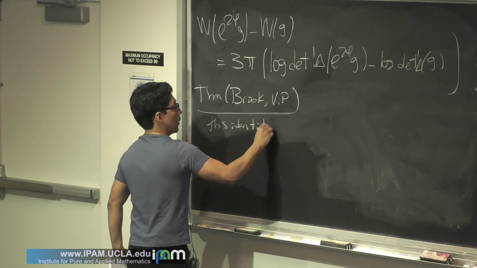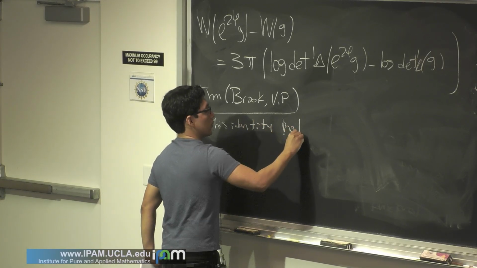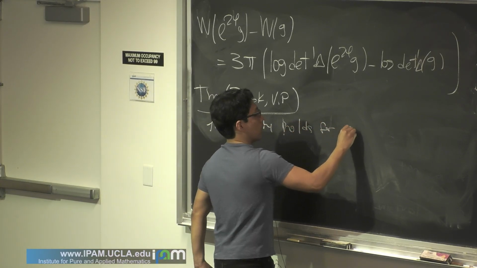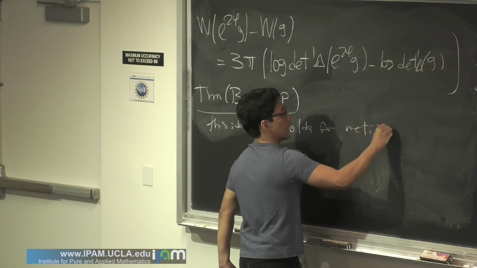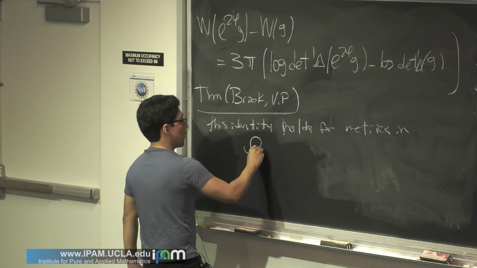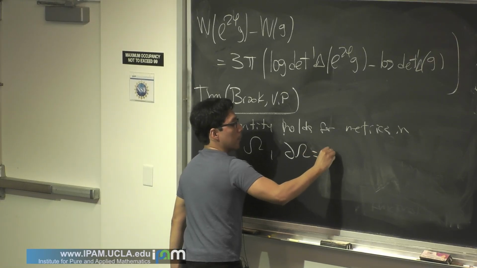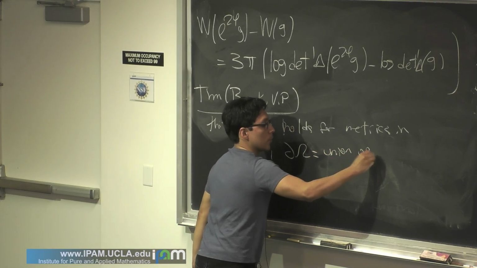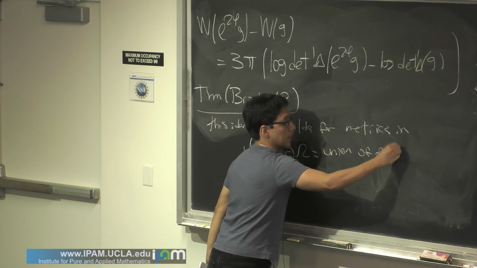So then here, let me just tell you, the theorem with Brock and Vargas Pallete is that this identity holds for metrics in domains omega, where the boundary of omega is the union of finitely many circles.